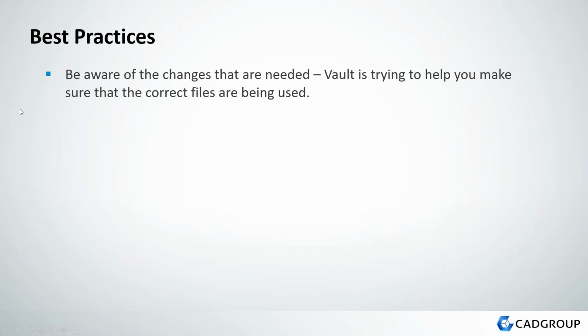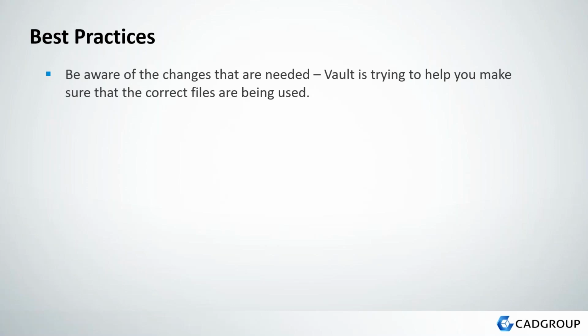So whenever you do a change state inside Vault, make sure that you're aware of what is changing, okay? Because Vault is trying to help you make sure that the correct files are being used. So Vault will basically make sure, or warn you at the very least, that the correct file is being used.